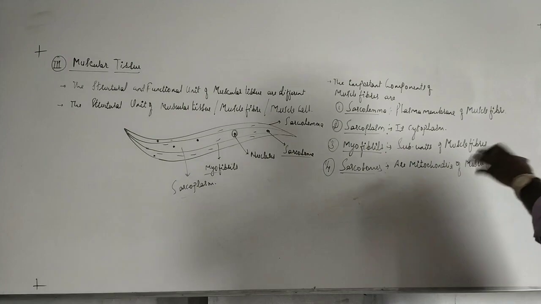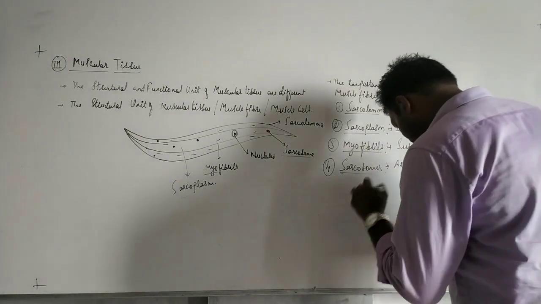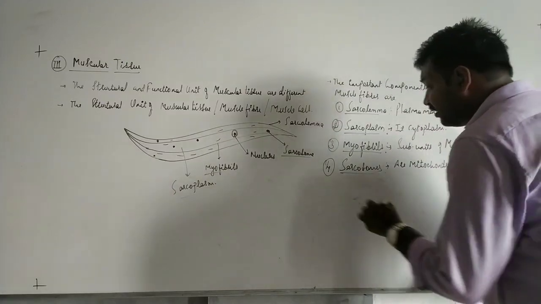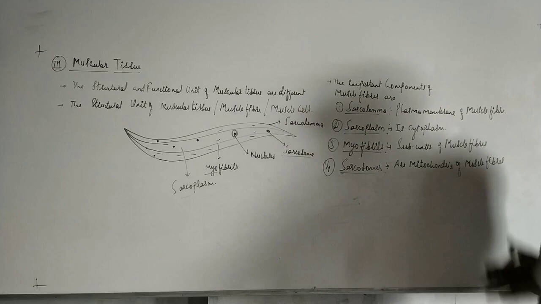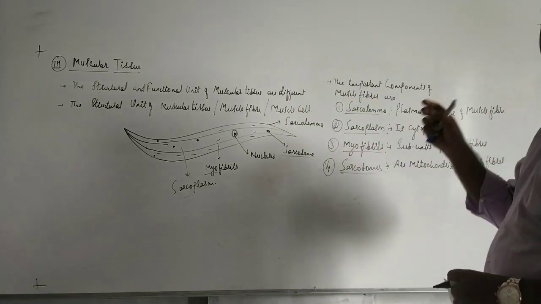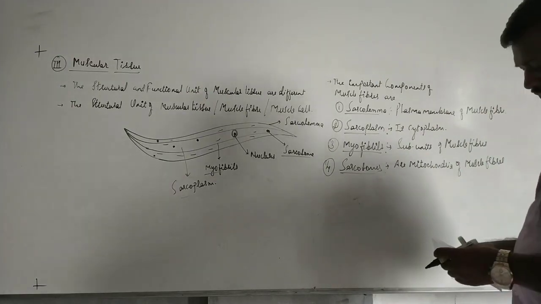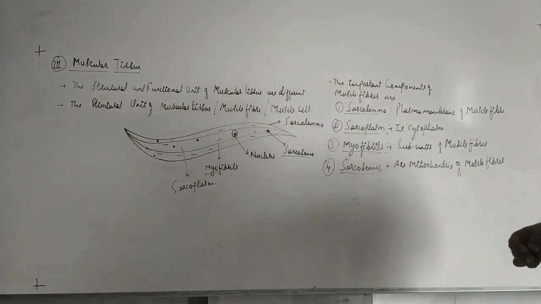So these are also referred to as the mitochondria of muscle fibers. Next, the number of nuclei may vary from one muscular tissue to another, from one to many. So this is about the structural and functional unit of the muscular tissue.